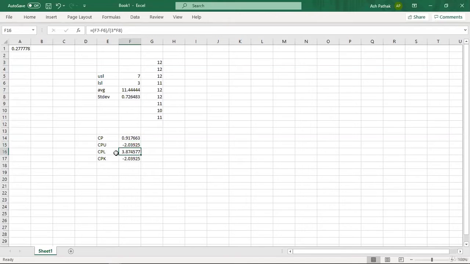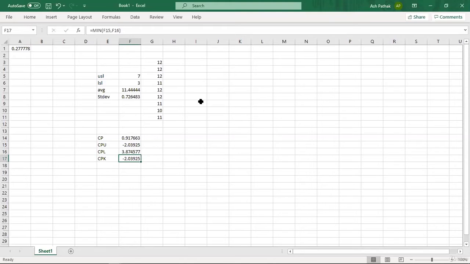And for CPL, it would be average minus LSL divided by 3 times standard deviation. For CPK, I have taken the minimum of these two. Absolutely. So the minimum of CPU and CPL, which is -2, is your CPK, and the standard for CPK is that it has to be greater than 1.